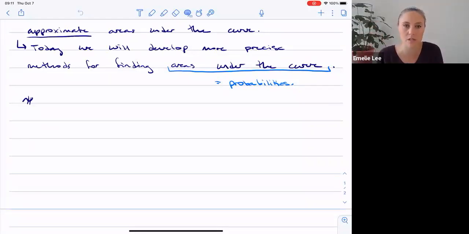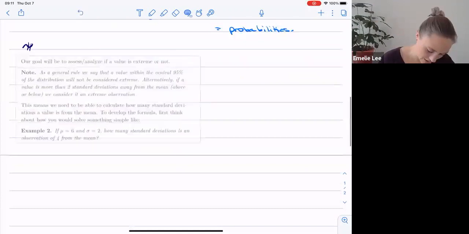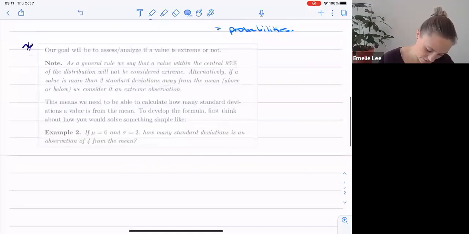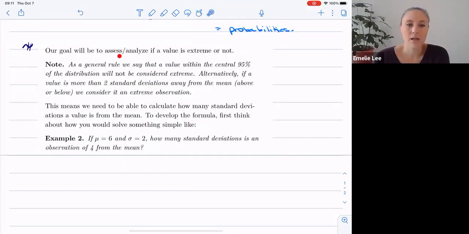When we talked about skewed distributions, we said it's always skewed in the direction of the tail because those are the values that I'm concerned about or interested in, right? The ones that are kind of run of the mill, those I don't care about so much. Okay. So our goal is going to be to figure out if a value is extreme or not.